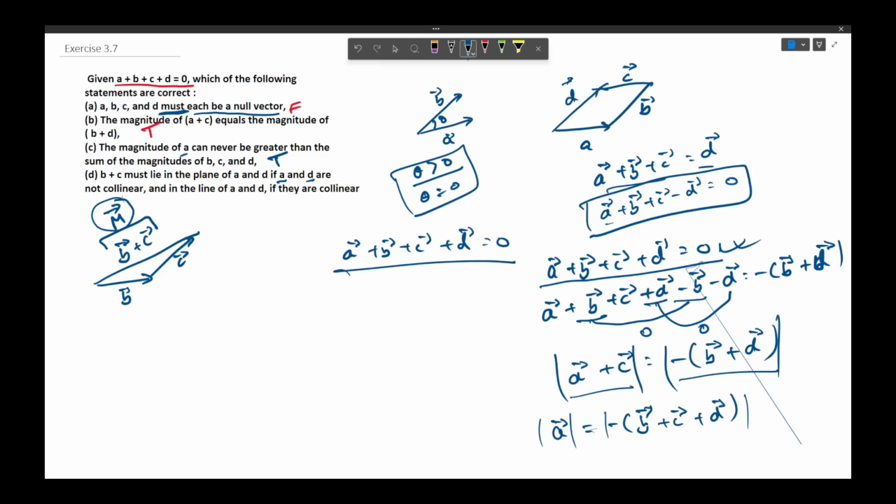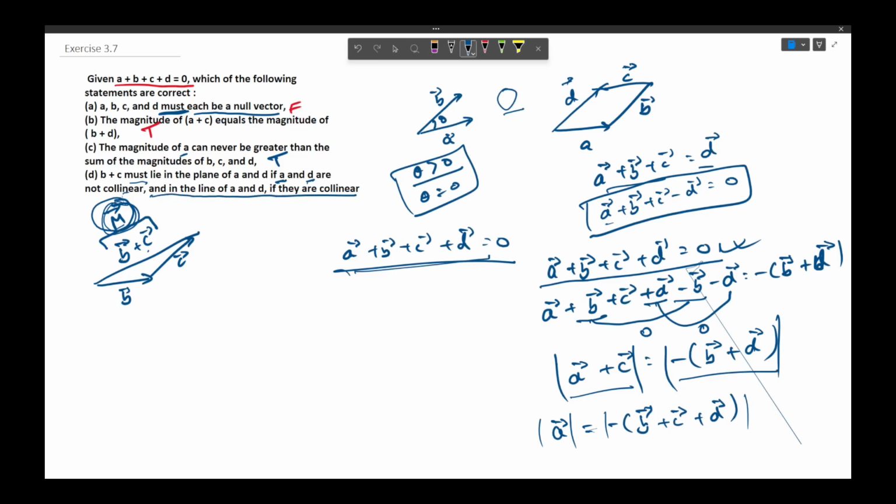We all know that for a set of three vectors whose addition is 0, they must lie in the same plane. So this condition is true because M now carries B plus C. B plus C plus A plus D is 0, so this M vector must lie in the plane of A and D. Now the second part of the statement says in the line of A and D if they are collinear.